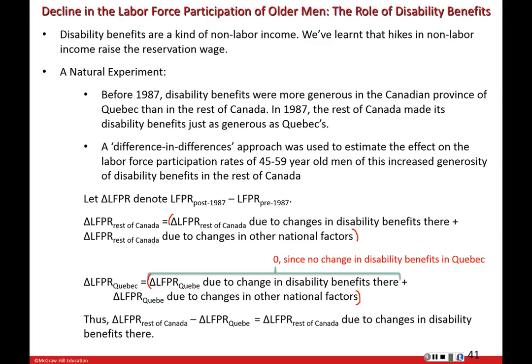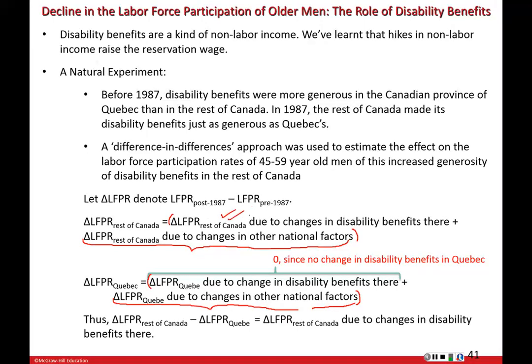Now when you do that subtraction, you see this change due to changes in other national factors. Well, it's one country. Quebec is in Canada. So one would expect this bit here to be equal to this bit here, changes due to national factors. That would tend to be common because Quebec is part of Canada. So when you do the subtraction, you're essentially left with just this part.